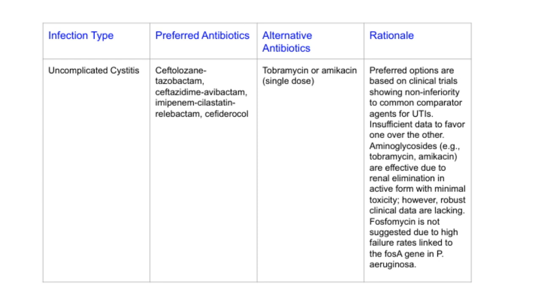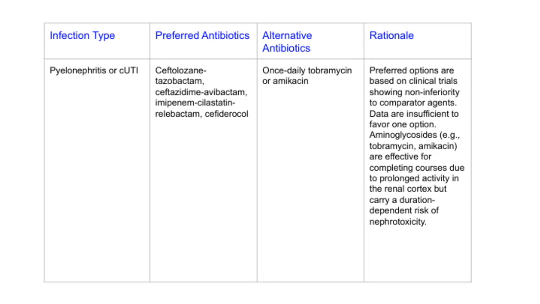Overall, the choice of antibiotics here reflects a balance between clinical trial evidence and the pharmacological properties of the drugs, especially renal elimination, which is crucial in urinary tract infections. This aligns with our broader goal of selecting effective, targeted therapy while minimizing resistance and toxicity.